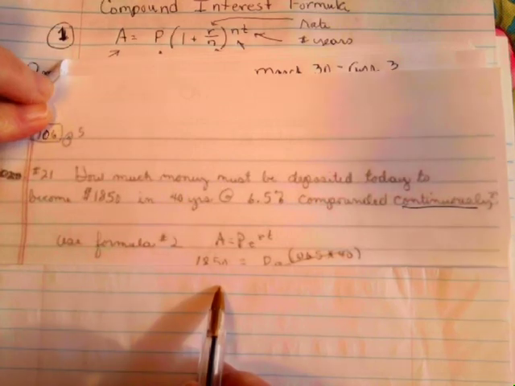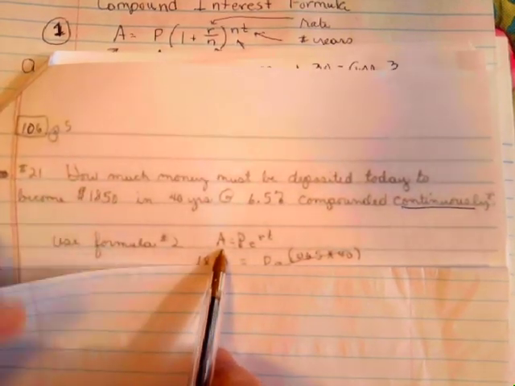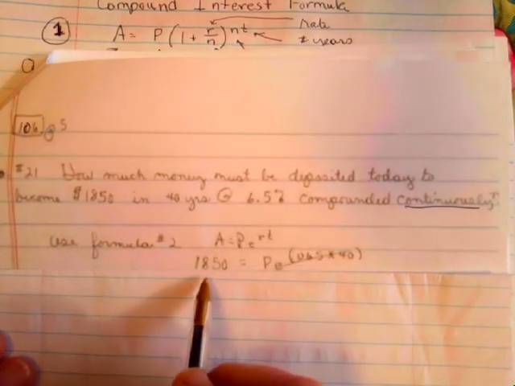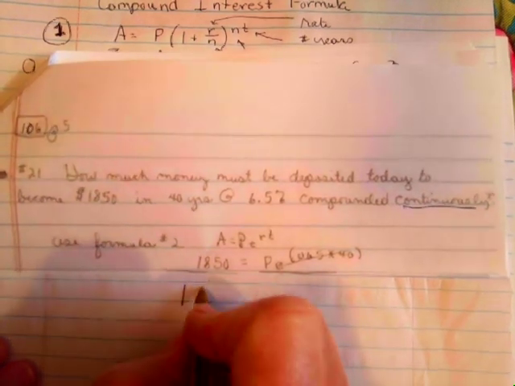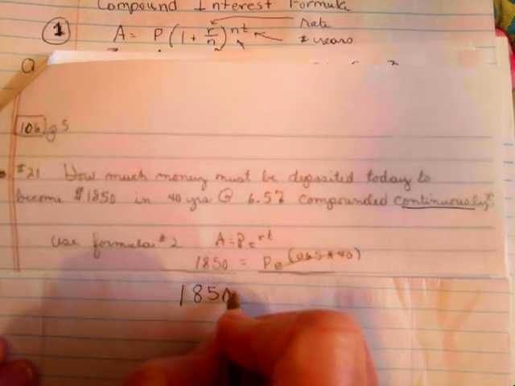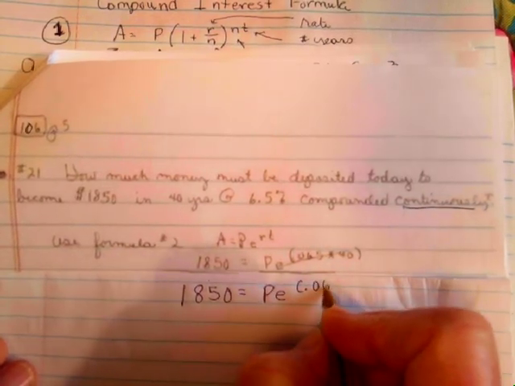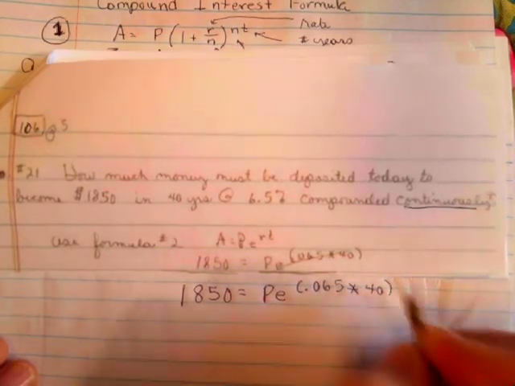It's saying how much must be deposited today, so I'm looking for P. P is what I'm depositing today to become $1,850 in 40 years. So 1,850 equals P E to the 0.065 times 40.